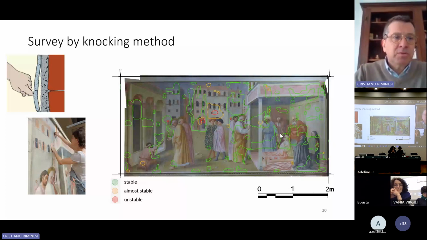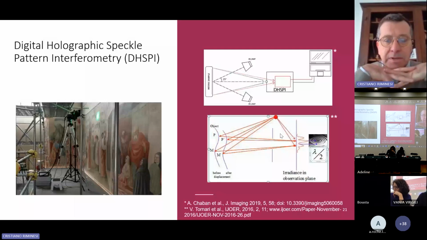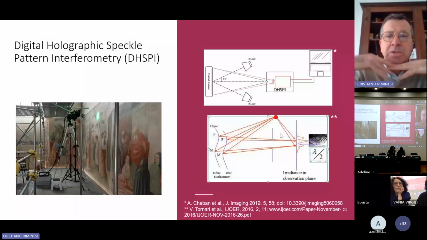So in order to objectify this information, we applied a quite new method, new for application to this kind of topic: digital holographic speckle pattern interferometry.